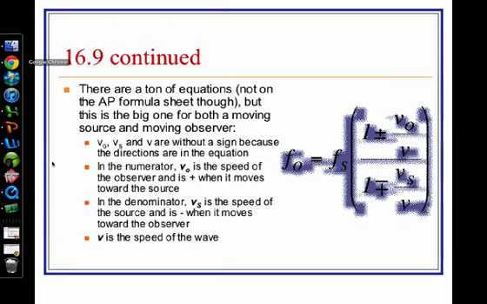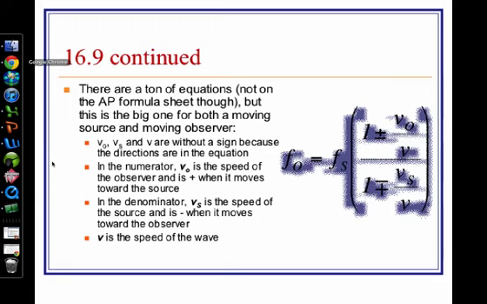So you have to think about whether or not the source and the observer are moving, first off. Next, when the source is moving towards the observer, in the bottom part of the equation, the velocity is negative when it's moving towards the observer. And the reverse happens when the observer is moving towards the source.